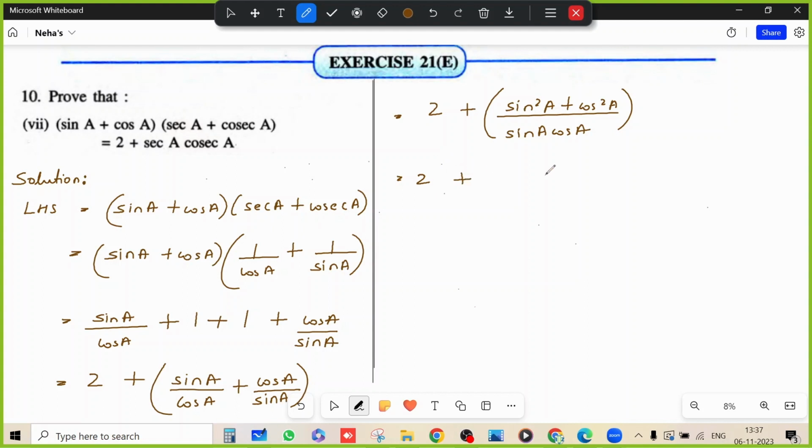The numerator here will become 1. So this will become 1 by sin A into cos A. Now we can write it as 1 by sin A becomes cosec A, and 1 by cos A is equal to sec A. Now this is equal to the right hand side, and hence we have proved that the left hand side and the right hand side are equal.